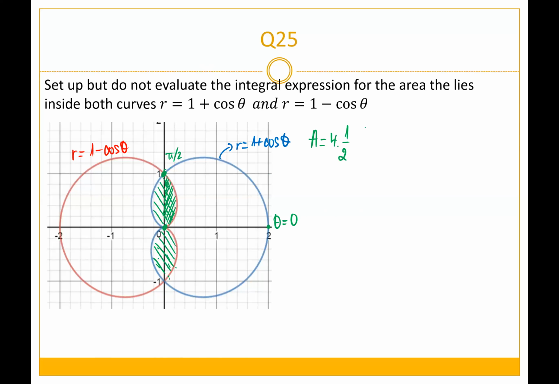Now let's start with finding the one on the right that I marked up. It's going to be the integral from 0 to pi over 2 of this curve bounded with the outer radius, and the inner radius is going to be just 0. And so the outer radius is the red curve, so it's going to be 1 minus cosine theta squared d theta. There's another way to find it.